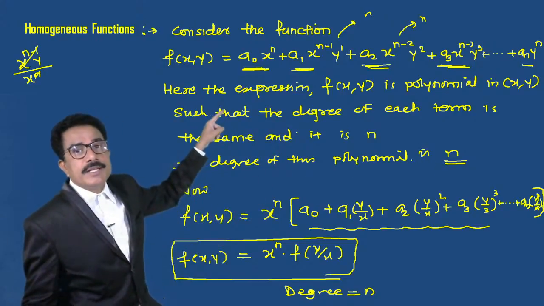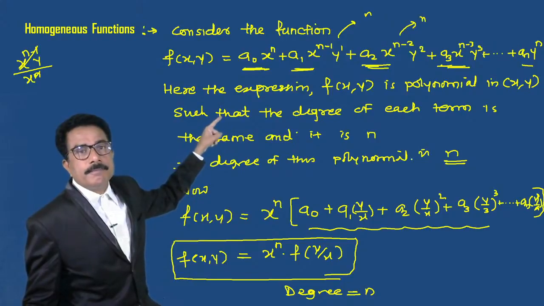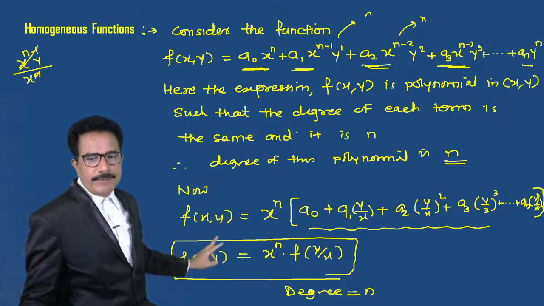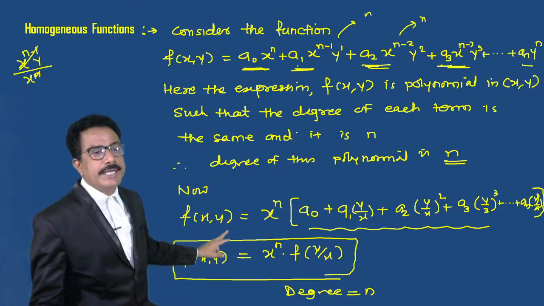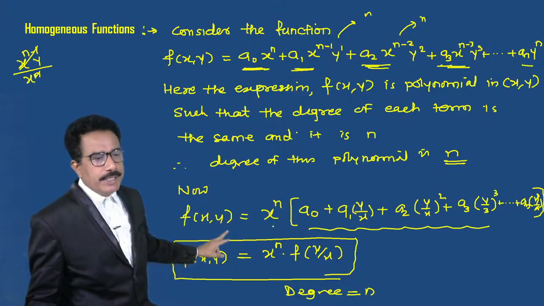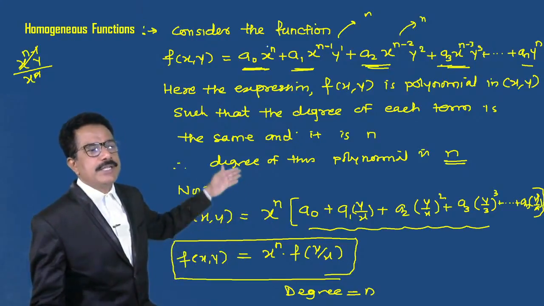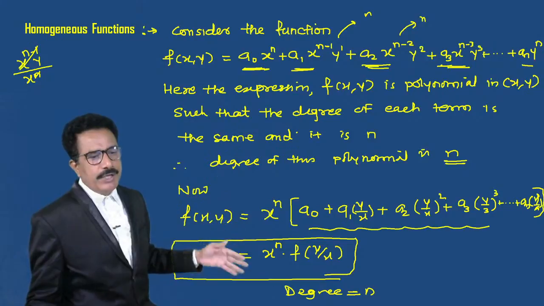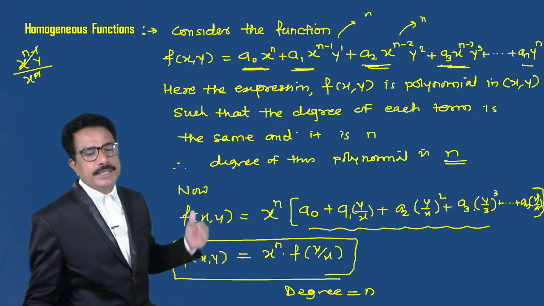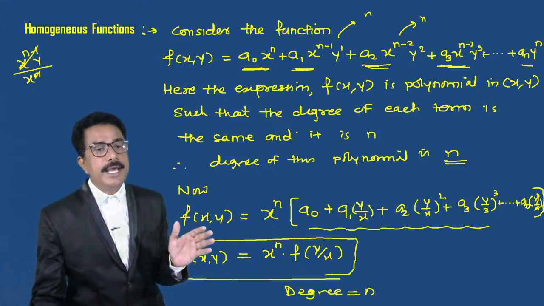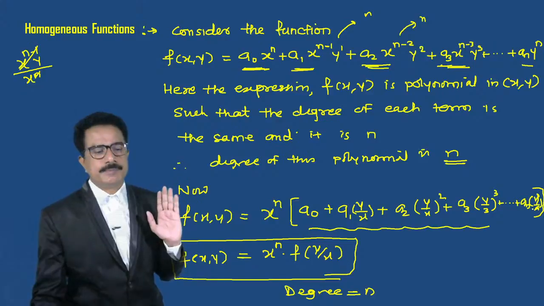Now we can express this function in such a way that f of x comma y equals, taking x raised to n common, x raised to n into a0 plus a1 y by x plus a2 y by x whole square plus a3 y by x whole cube and so on up to an y by x raised to n.